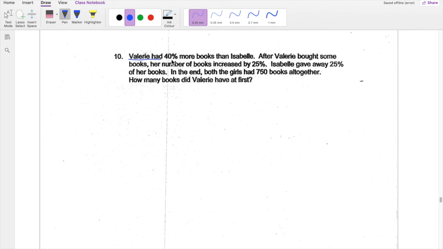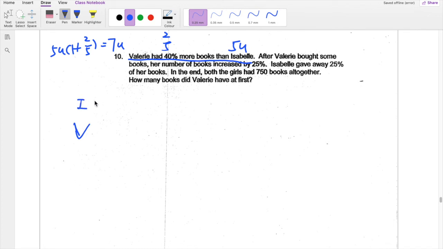Oh, let's make an assumption again, right? So here, we have 40% more. 40% means what? It means 2 over 5, right? So if we assume Isabella is 5u, then Valerie would have 5u times 1 plus 2 over 5, which is 7u, right?